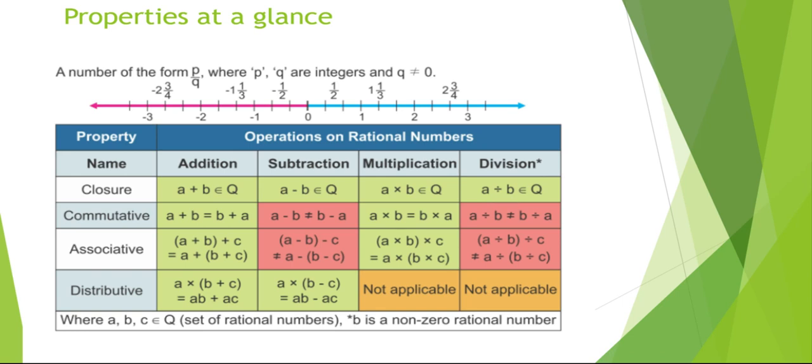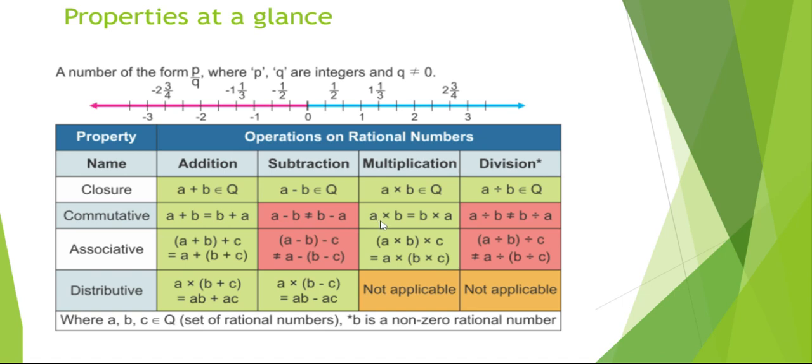If b is non-zero, then it will be a rational number, but in case b is 0, then it will not be a rational number. Commutativity. Let's talk about the commutative property under addition. You already know a plus b will be equal to b plus a, but a minus b will not be equal to b minus a.